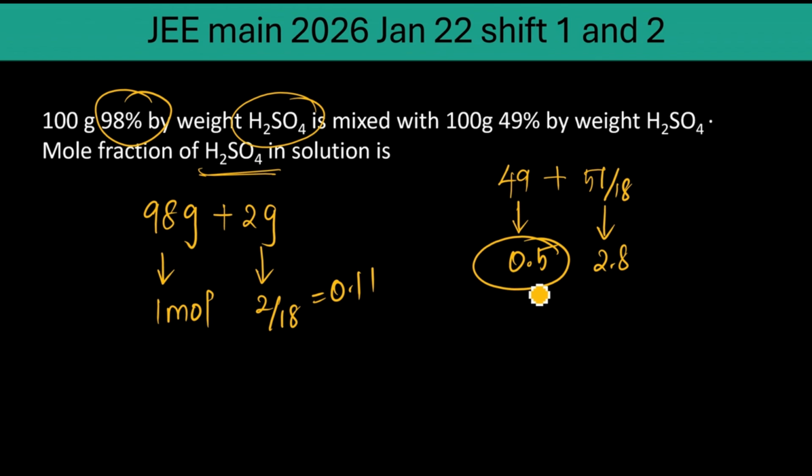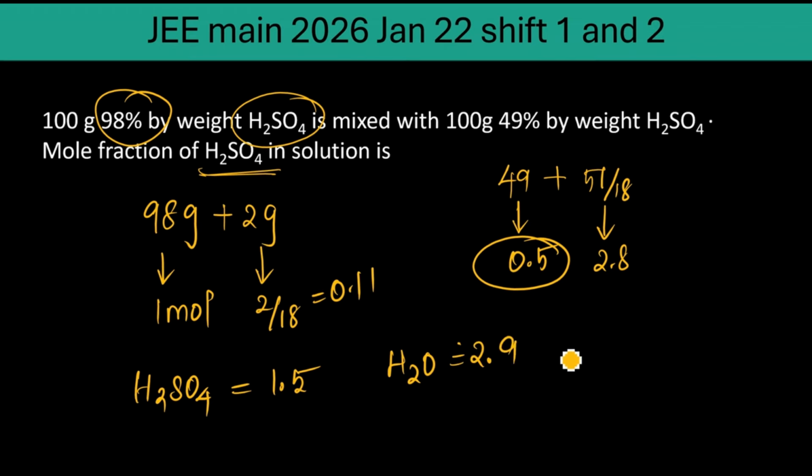Sulfuric acid will be 1.5 moles, and H2O that we have, that is 0.11 plus 2.8, it is 2.9, right? 1.5 plus 2.9 totally, that is 4.44, correct?